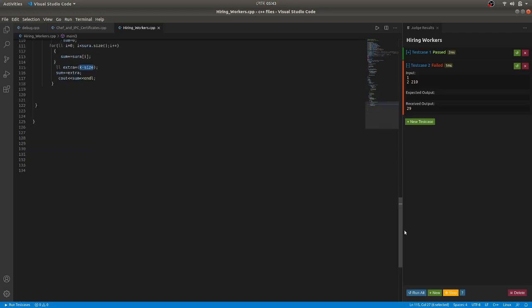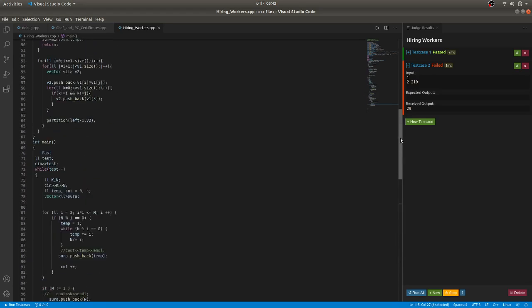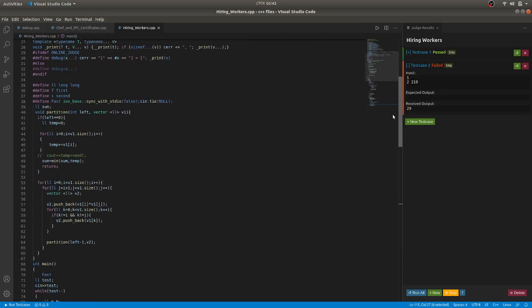Like how do I do the brute force? You can do partition dp, but what I did here was write a backtracking solution. I did every partition, I took a for loop over the given vector, choose two indices i and j, multiply them together and push them into a new vector.